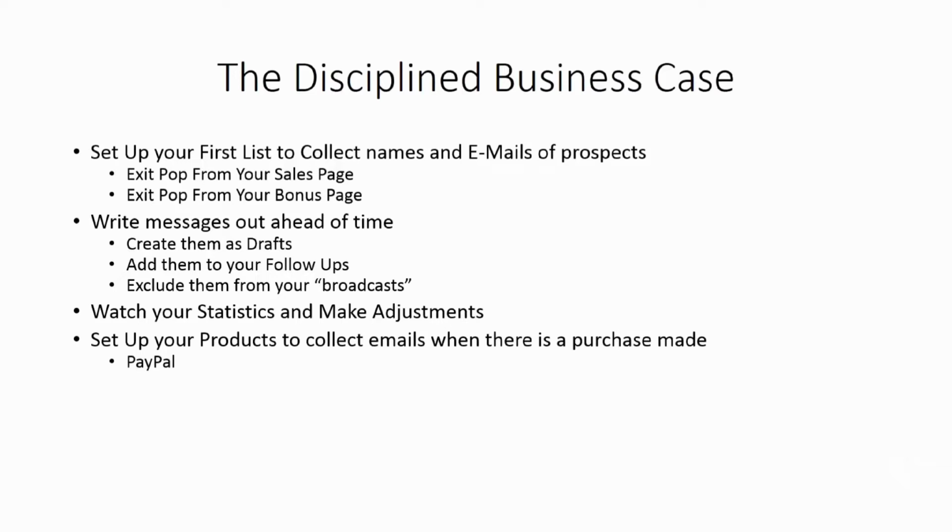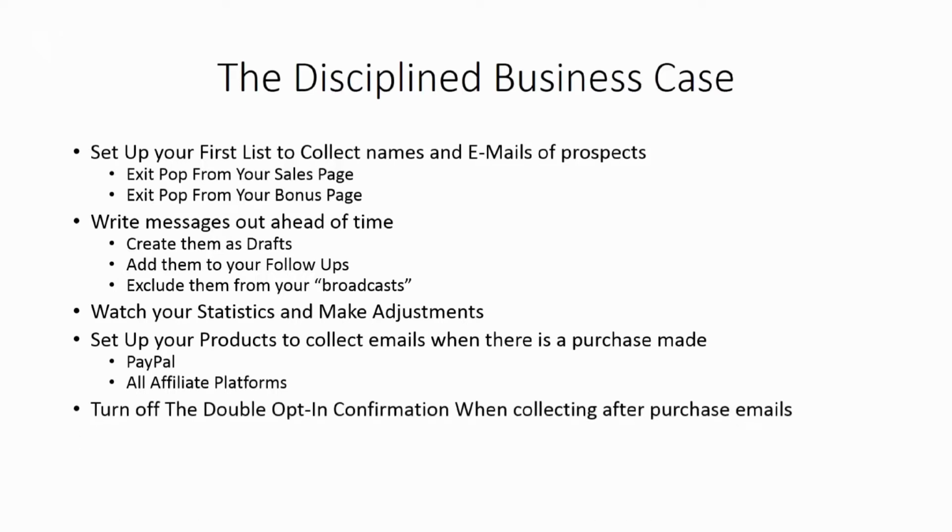That means you're going to have to set that up with PayPal, and you can do this with all affiliate platforms. Now, the other thing that you need to do, and I think I talked about this in the advanced course, make sure you turn off double opt-in confirmation when you're collecting purchase emails. After purchase, there's no need for you to double opt-in.